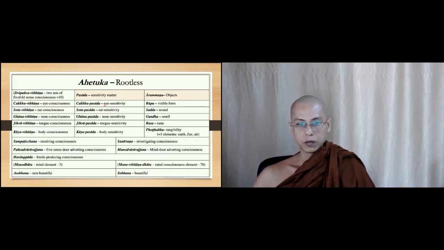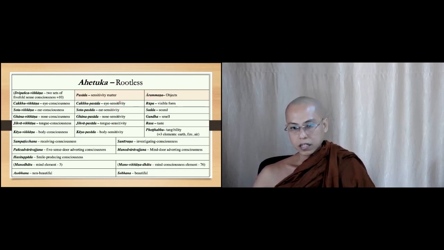Here cakkhu refers to the eye, pasada to sensitivity. So sota pasada, ear; ghana pasada, nose; jivha pasada, tongue; kaya pasada, body. In this way, we have the five categories of sensitivities. These are all matter, which we will find in chapter 6.